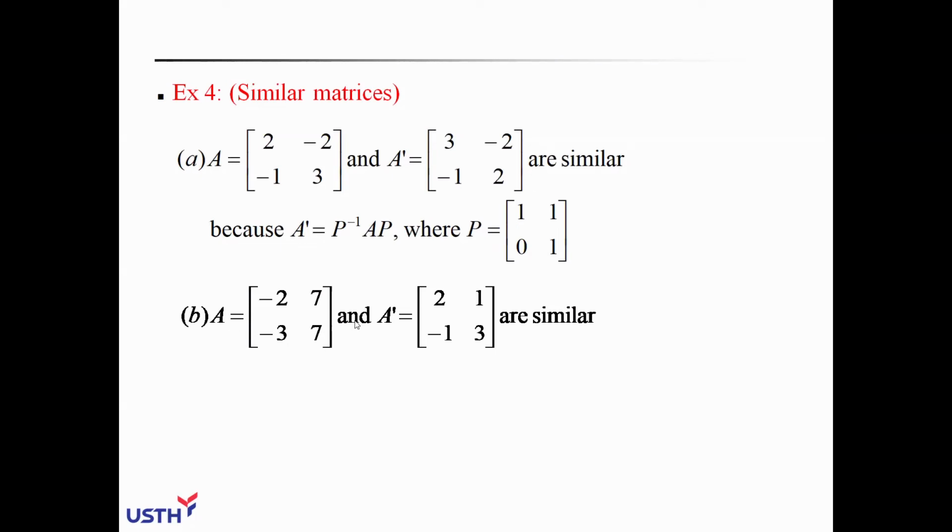The next one, A to be that and A prime to be that one, they are also similar, because if we take P to be that, you can also verify the formula here.